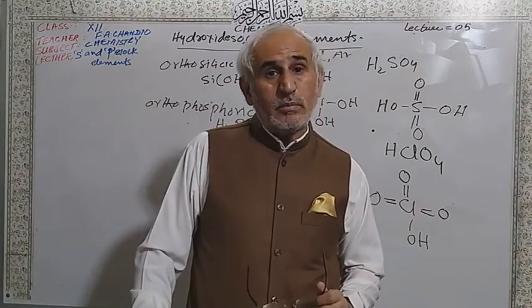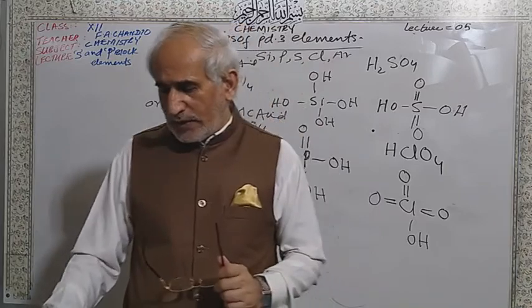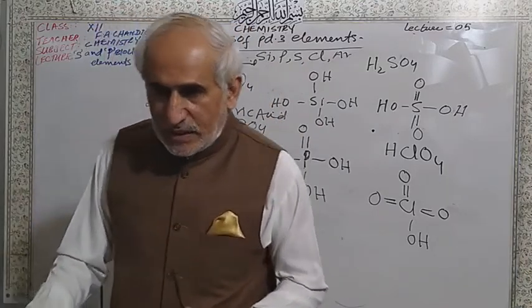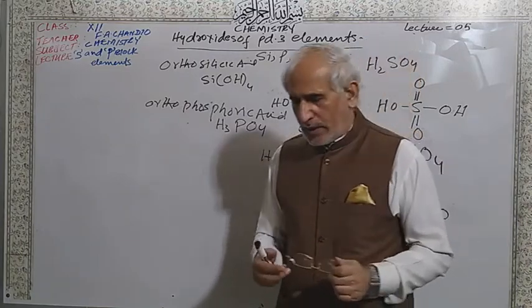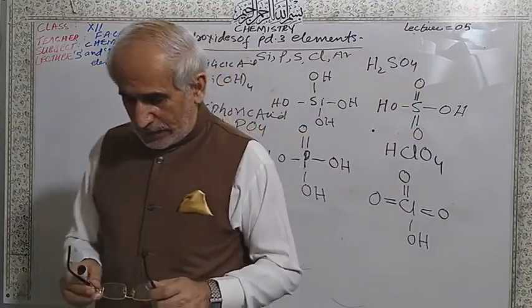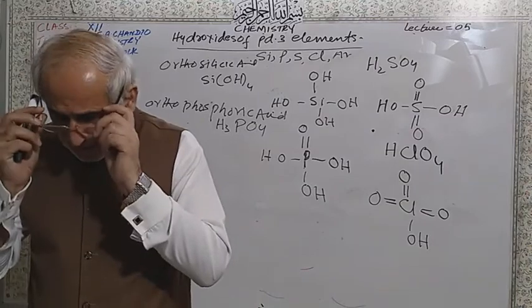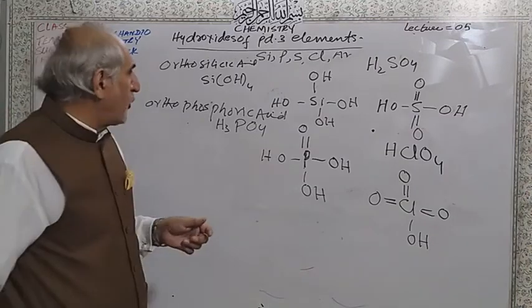This is the strongest acid. Perchloric acid is stronger than even sulfuric acid and hydrochloric acid. So these are perchloric acid, sulfuric acid, orthosilicic acid and orthophosphoric acid, and these are their structures.